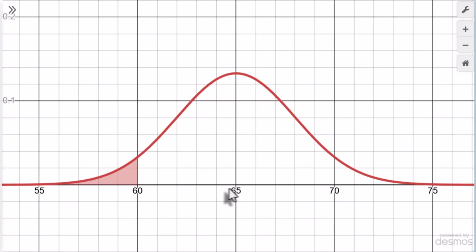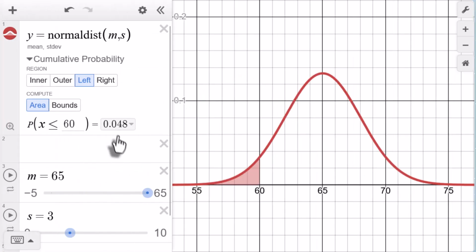This is a little below the mean height. And we're looking at the area underneath the curve to the left of 60. This represents the proportion of all randomly selected women whose height is less than 60. This is 0.048, or about 4.8%.